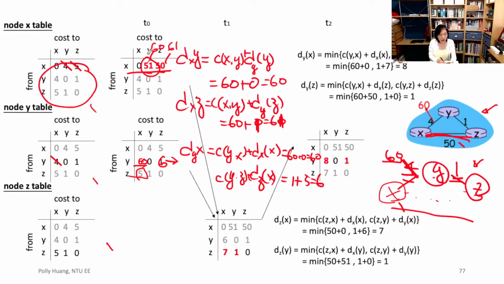So let me write it down. 60 here, 61 here, and then 60 here and 6 here.